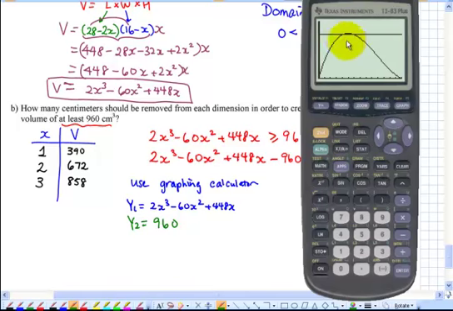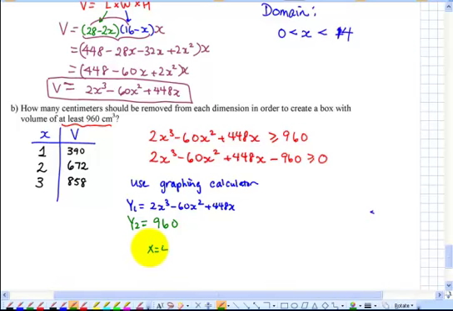And to figure out where it intersects, we're going to use the intersect feature. That's number 5. Let me move my cursor to the first intersection point on the left. Just get it close by, press enter. It'll default to the second curve, press enter, and then it'll give me the actual intersection point. So x equals 4, so when x equals 4, you get y equals 960.